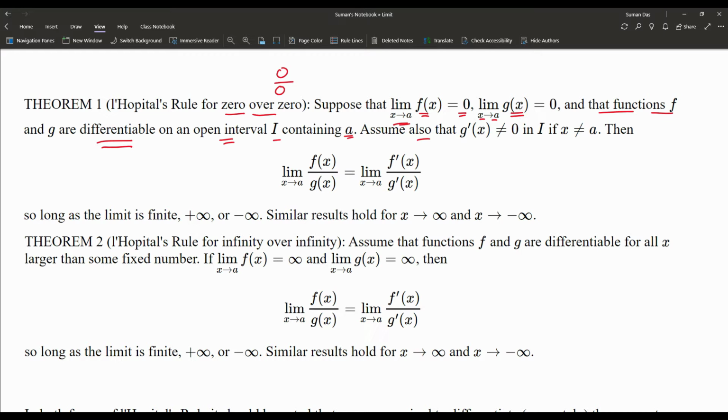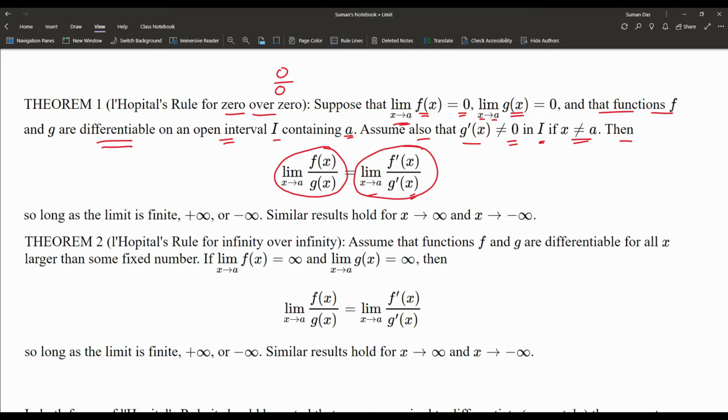Assume also that g dash x is not equal to 0 in I, the open interval, if x is not equal to a. Then the limit as x approaches a of f(x) by g(x) can be written as the limit as x approaches a of f dash x by g dash x, that means the first order differentiation of f(x) and the first order differentiation of g(x).